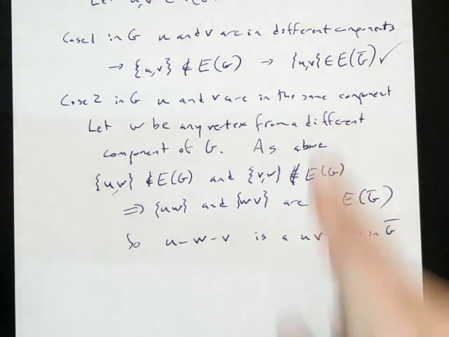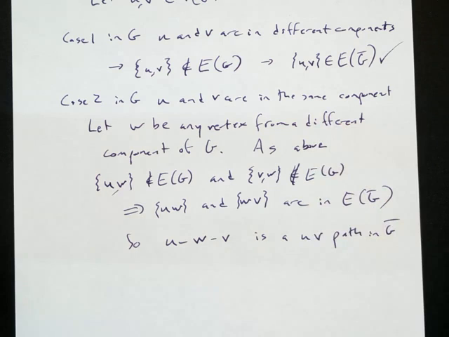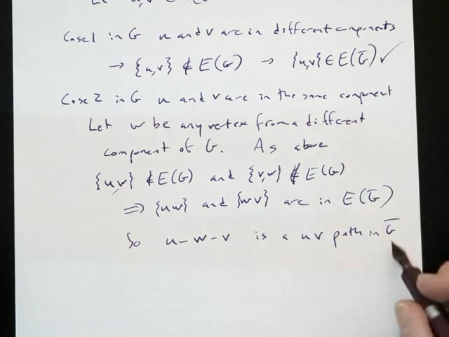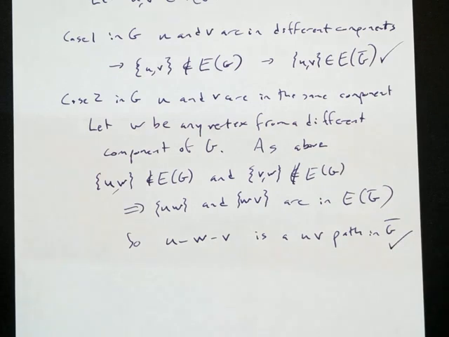The biggest path we have in this graph is length 2. Sorry, the biggest distance, biggest shortest path. Questions?